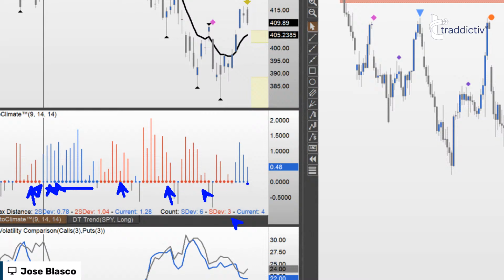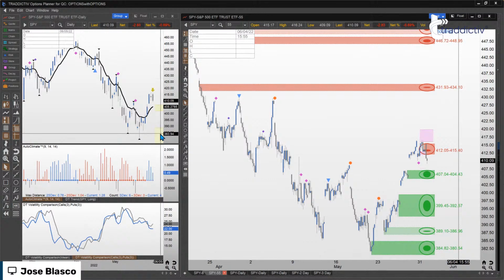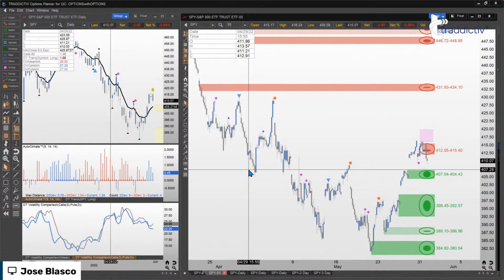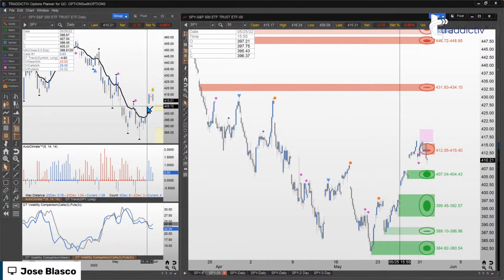Well, in this case, it seems that the market is not really defining itself. I was expecting a little bit of hesitation, even though between us, this move to the upside is strong. It's not like this is a weak move. It's pretty strong. But within the context of all the market data that AutoClimate utilizes when doing the analysis, in the end, it doesn't seem to be that strong statistically speaking, right? That's why the climate is unconfirmed. So I'm not too surprised about that.